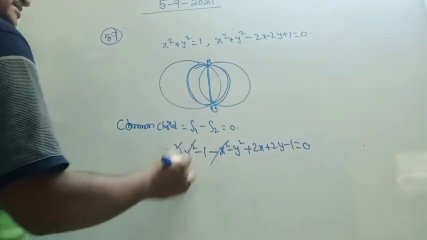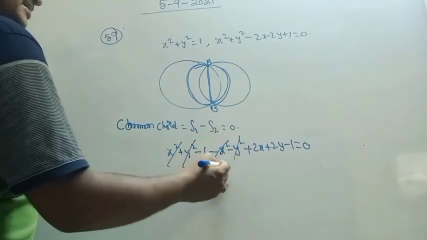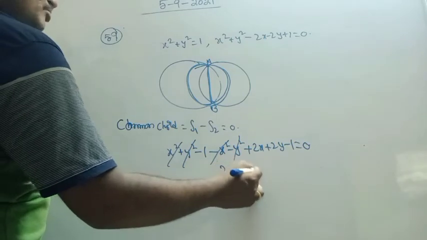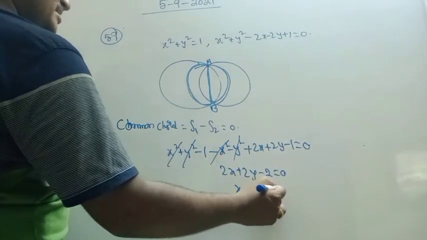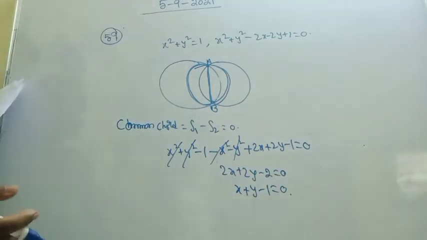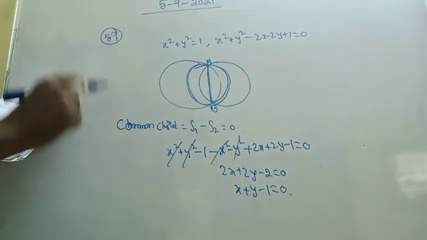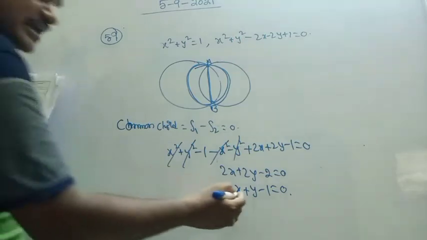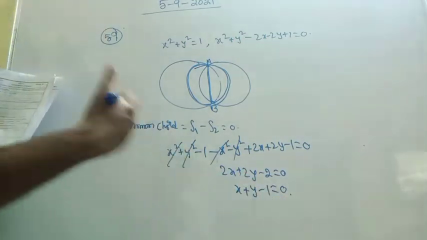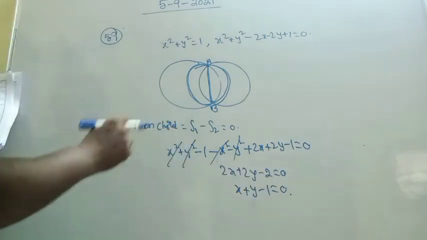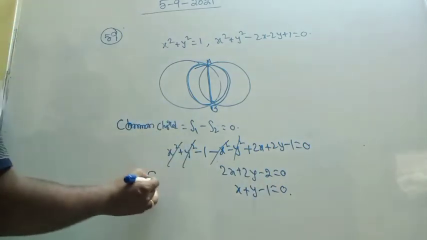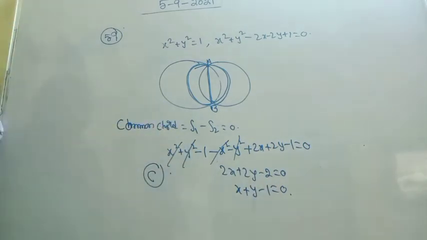The x square and y square terms cancel. You will have 2x plus 2y minus 2 is equal to 0, which is x plus y minus 1 is equal to 0. Now from the options, take the circle whose center satisfies this line. If you do that, you will get option C as the correct answer.